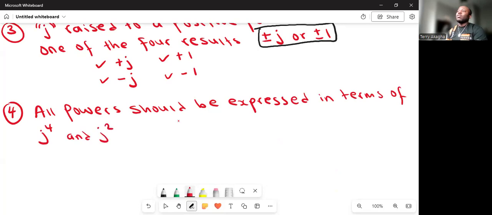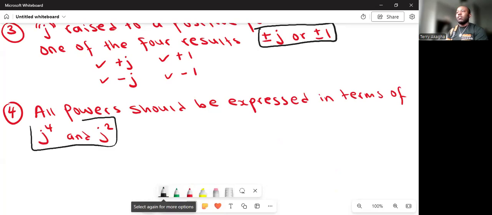So make sure when you're solving, express all of this in terms of j^4 and j^2. So it will just make it so much easier for you, all right?